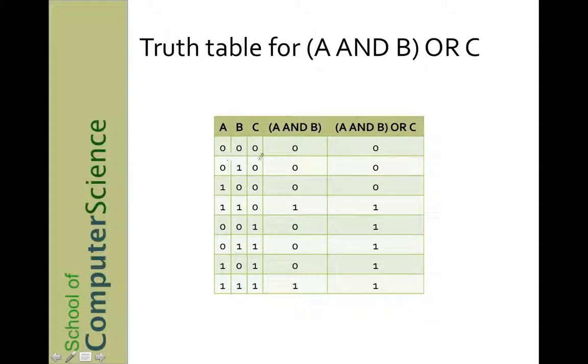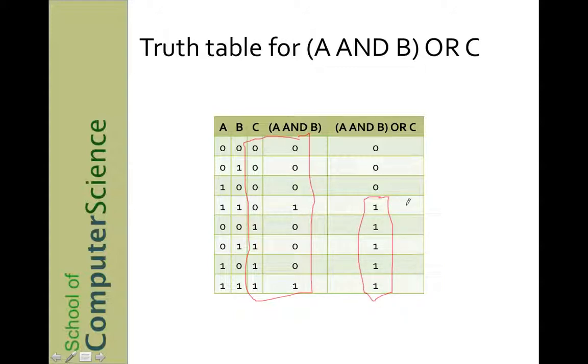You'll see here I've gone through every single combination of A, B and C. I then look at A and B and draw the truth table for A AND B, and you'll see that A and B is repeated here and here, and so only when A and B are on does A AND B equal 1. And then finally we combine this column with this column and do an OR function on that. These two are looked at, and if either of them is 1, then we'll write 1 here, and we'll see the only instances where either of them is 1 are these ones highlighted here.